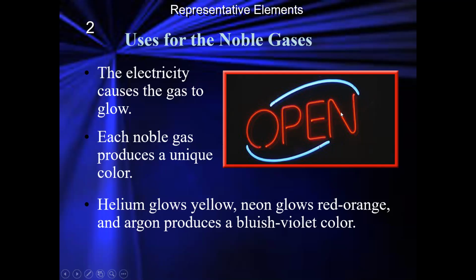In this light also, there is one red orange color, so there might be neon in these glass tubes, and the bluish violet might be argon. Or to get a variety of light, you can also use a mixture of different gases.